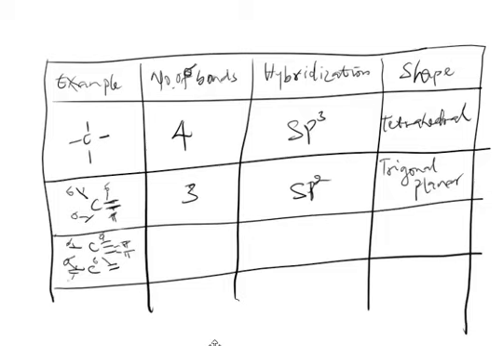The additional bond here is pi. So you notice this will yield just 2 sigma bonds, this will also yield just 2 sigma bonds. So I have 2 sigma bonds here, and this is sp hybridized. And what's the shape? The shape is linear.